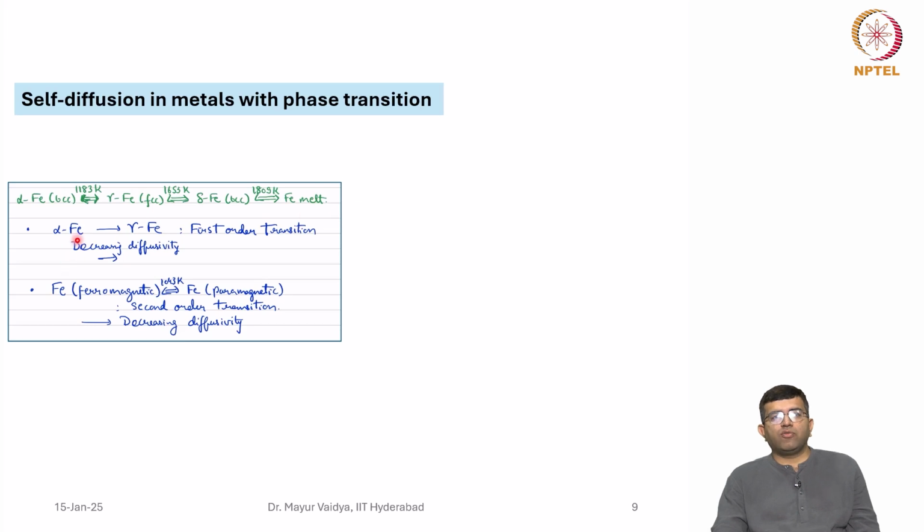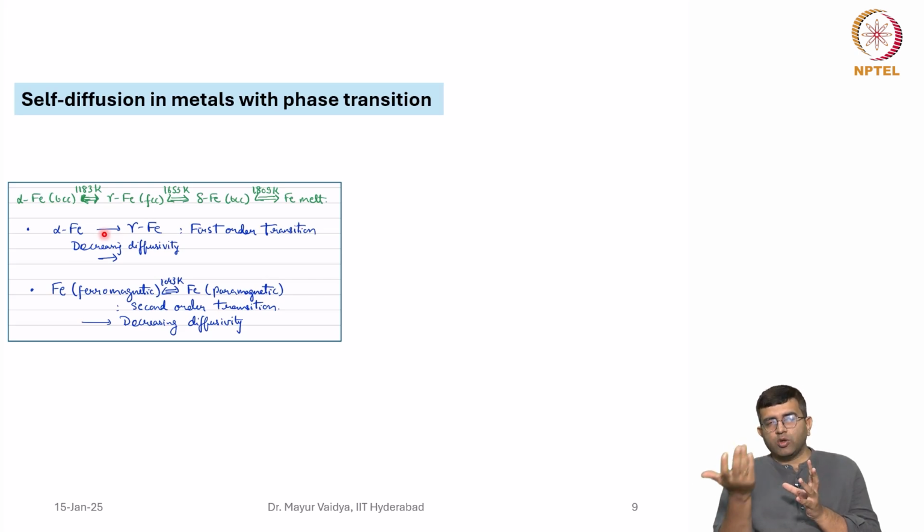So, alpha iron to gamma iron is a first order transition, the temperatures are indicated here, and this transformation leads to a decrease in the diffusivity. That means, if you compare just below the transformation temperature and just above the transformation temperature, you will see a jump in the diffusivity because of the change of the structure.